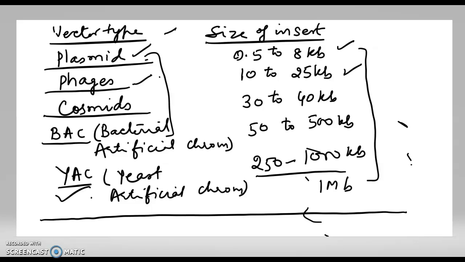Then cosmid, which is prepared with the help of plasmid and cos site of phages. Then bacterial artificial chromosome, which has some different sites like centromere and telomeres also. Then similarly in yeast artificial chromosome, we have different sites which are different from all these vectors. So depending upon their features and size of the insert, we can select any kind of vector for gene cloning experiment. Thank you.